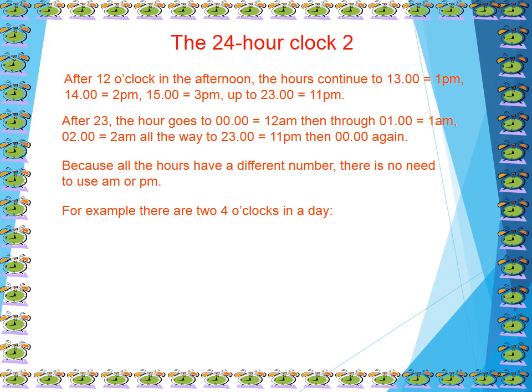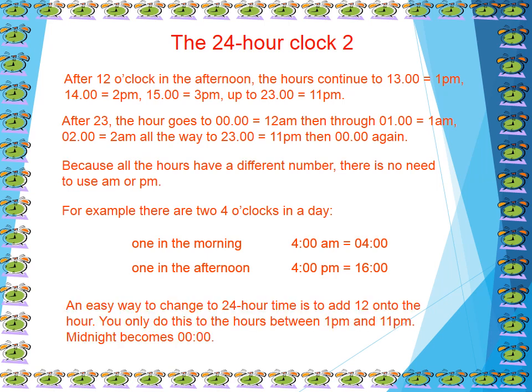For example, there are two 4 o'clocks in a day. One in the morning, 4 a.m., which in the 24-hour clock is the same, 4 o'clock. One in the afternoon, which we say 4 p.m., and in the 24-hour clock we say 16 o'clock.